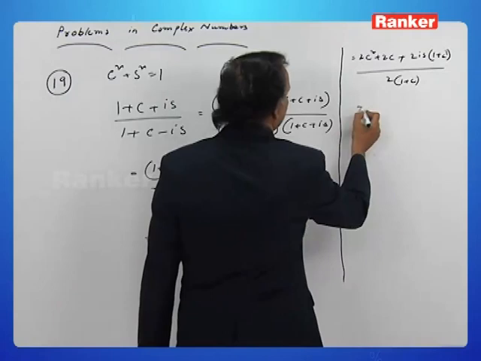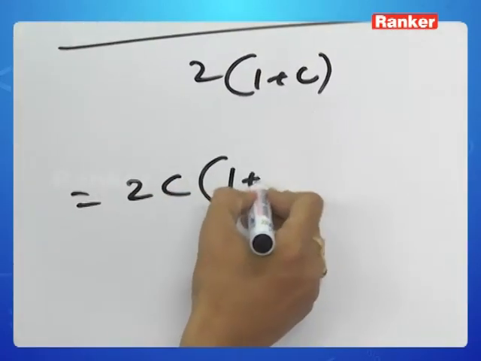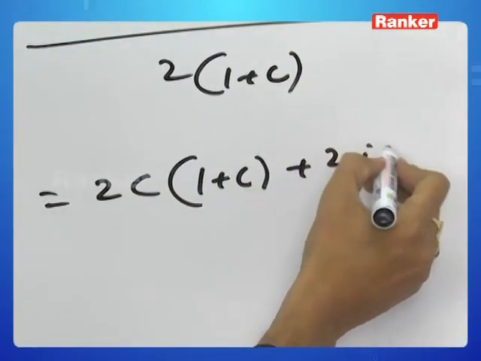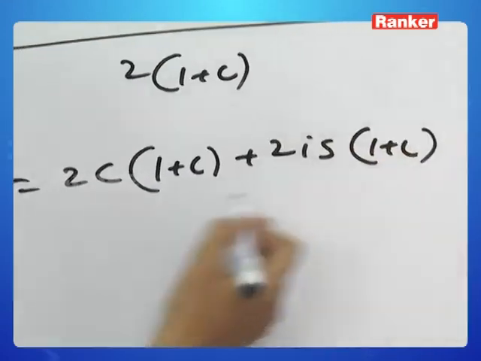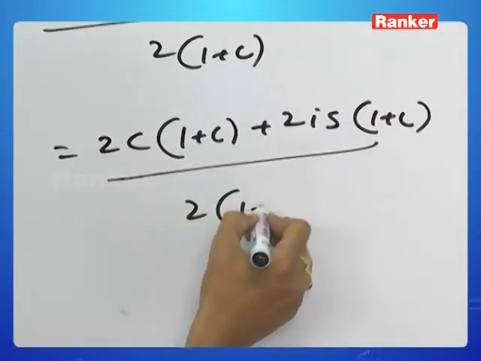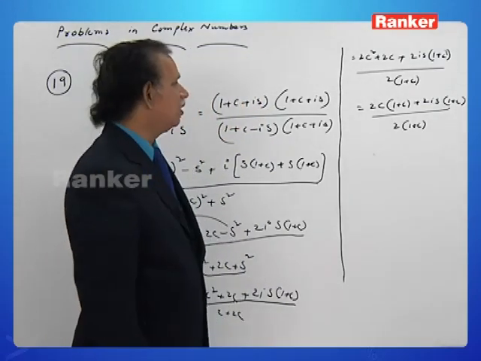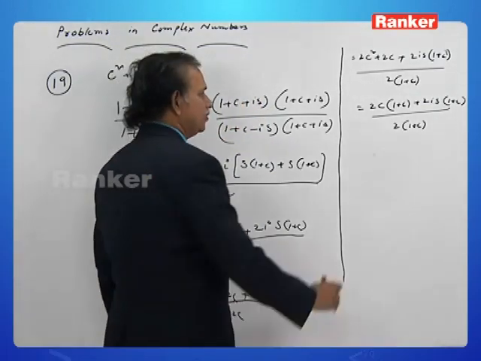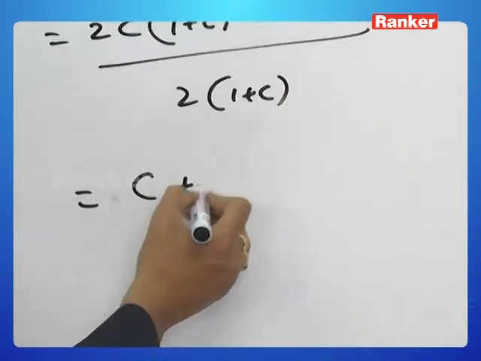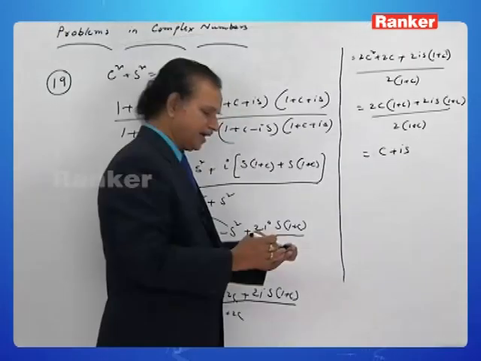Again, this is 2c into 1 plus c plus 2s into 1 plus c by 2 into 1 plus c. You can cancel 2 into 1 plus c in both numerator and denominator. What are you having? c plus s remained there.